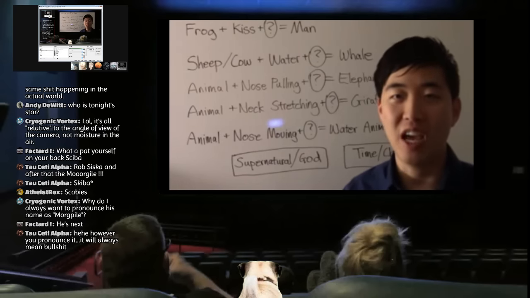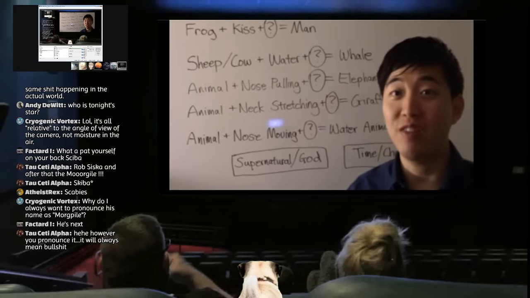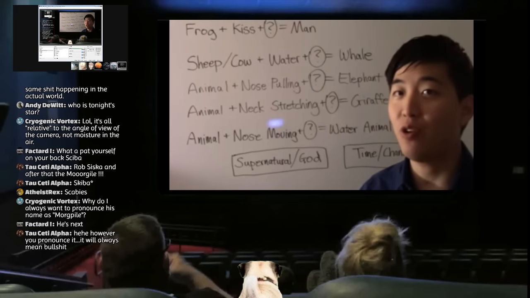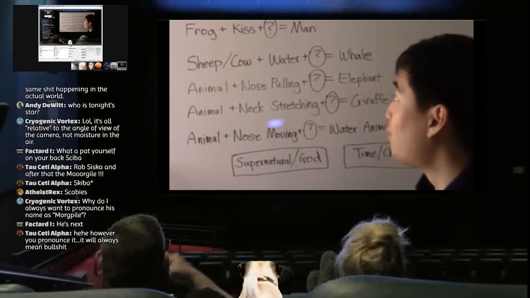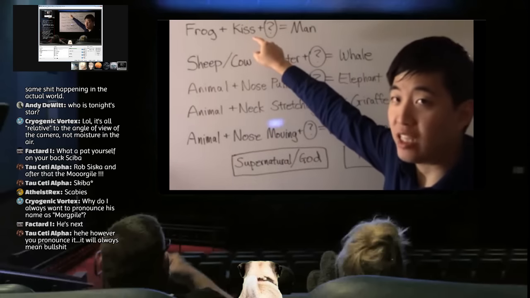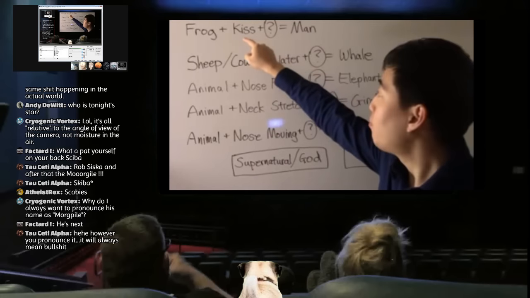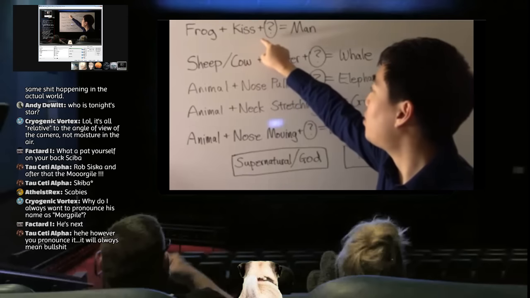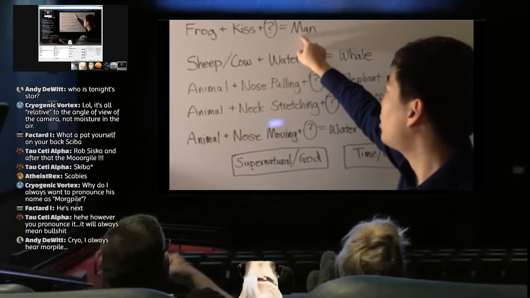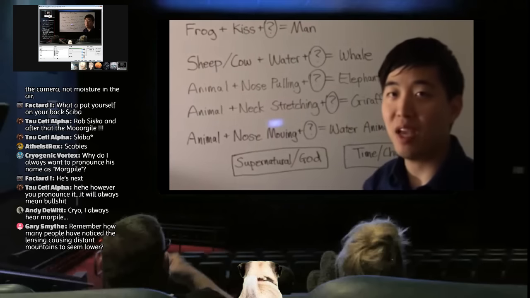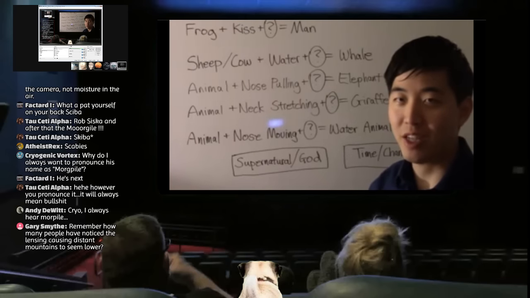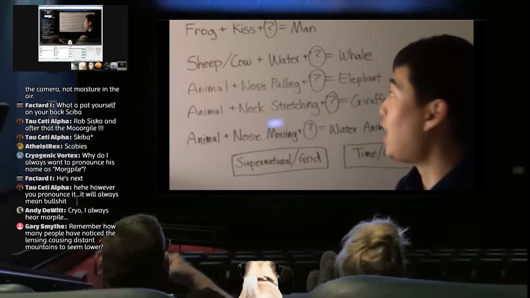They'll make fun of you saying, how can you believe that kind of stuff? Well, actually, evolution is even more hard to believe. All right, I'm going to give you several cases to show it. Now, first, let me ask you this. Is this myth or science? Frog plus kiss plus something turned it into man. Do you think that's myth or science? You might say myth. Well, that's correct.